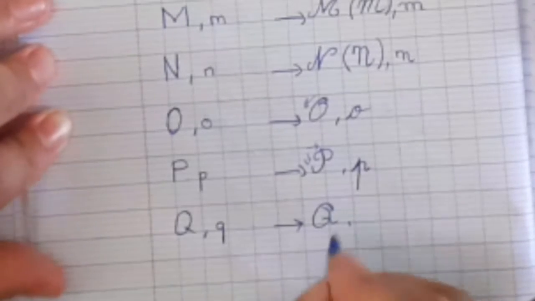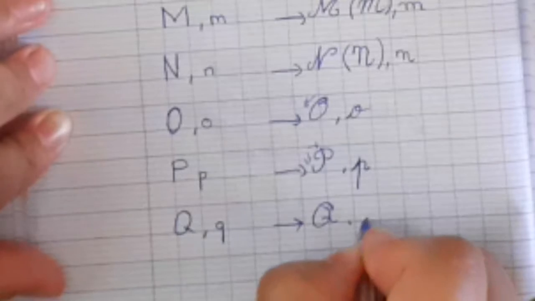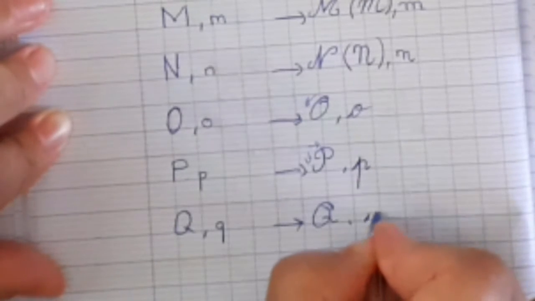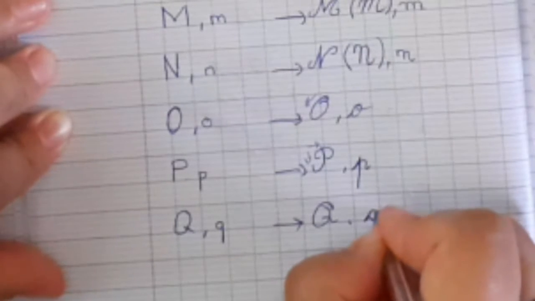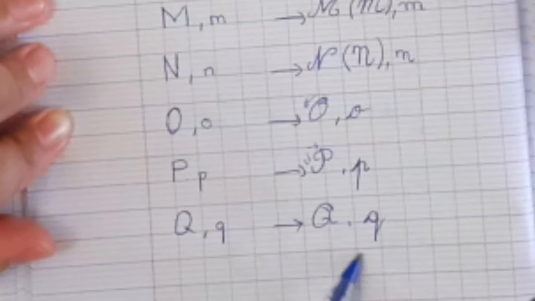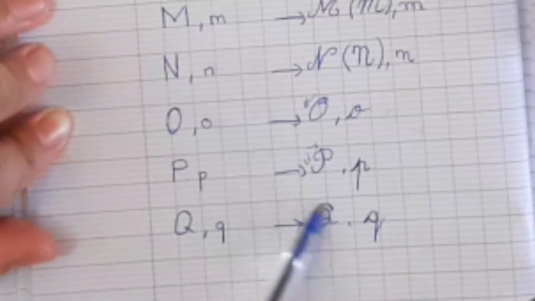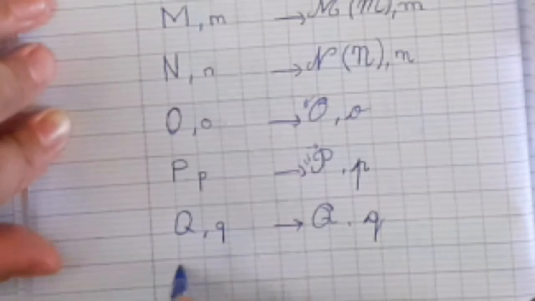Okay, and Q in small letters is like that. A small line here, semicircle, another line here, done like that. This is the form of a Q. So now we move to R.